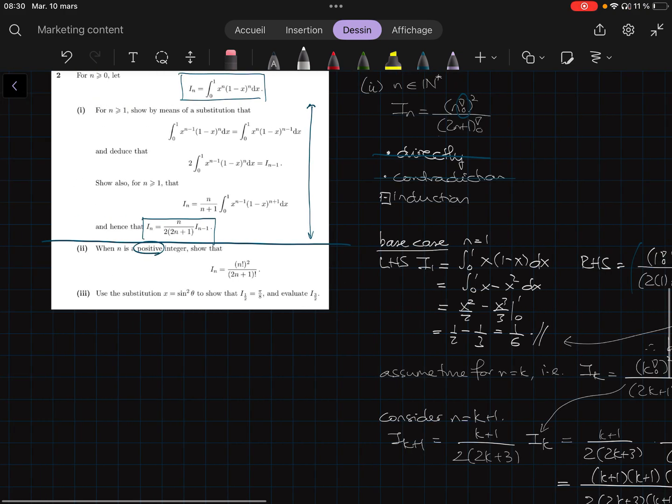For part 3, we are now lifting the condition that n is a positive integer. You're asked to find the value of I of 1/2 and I of 3/2. So let's first write down what I of 1/2 looks like.